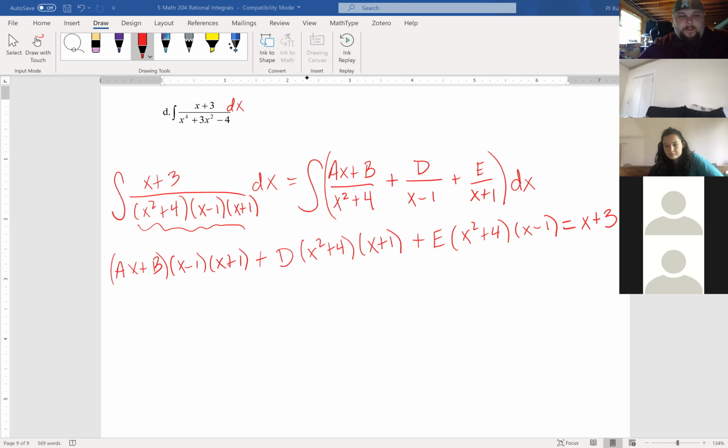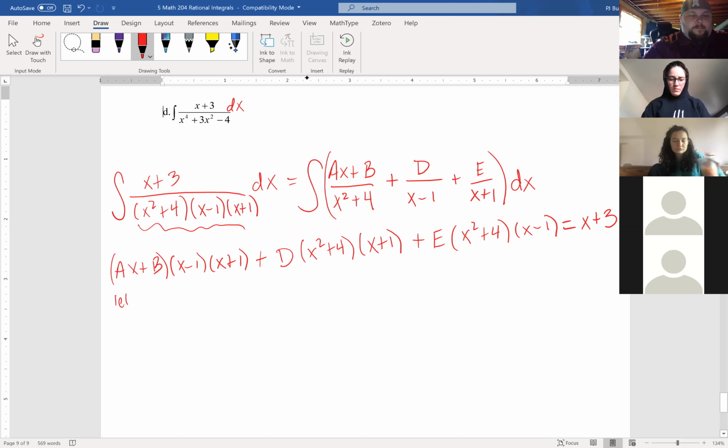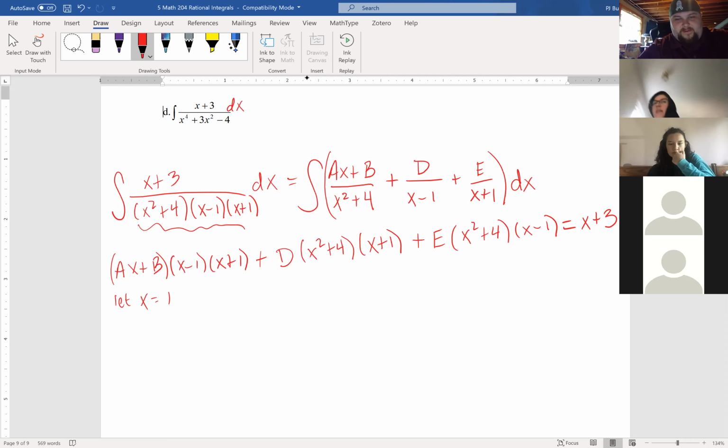All right. So now we've got to either try the elimination method or the system of equations. I think I can demonstrate to you why I'm not a huge fan of elimination in this problem. So I'm going to try it here. Let x equal 1. If I do that, that will eliminate this term because that'll become 0, and it'll eliminate that term.